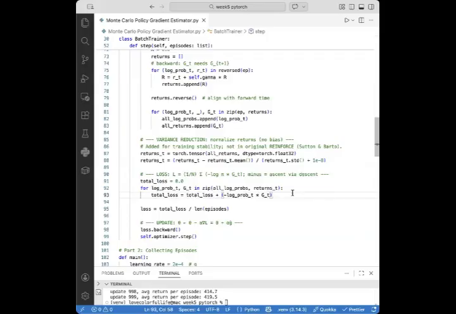And the loss is 1 over n times the sum of minus log pi times G at time t. The minus sign: PyTorch does gradient descent, but we want gradient ascent, so we minimize the negative, same effect. Minimizing the minus log pi times G at t does it.